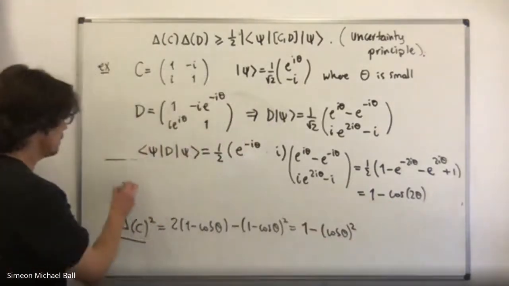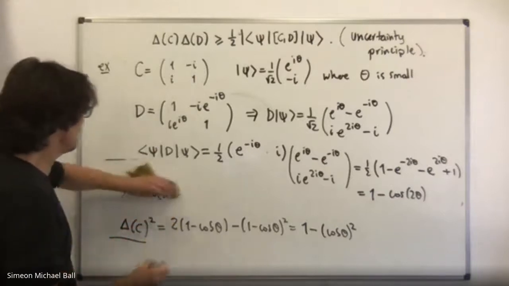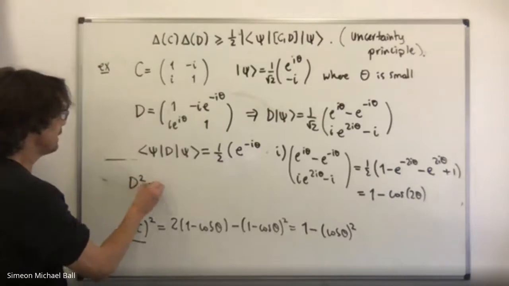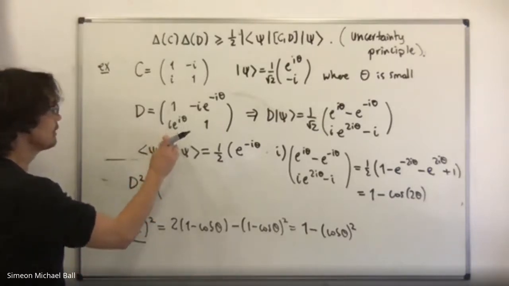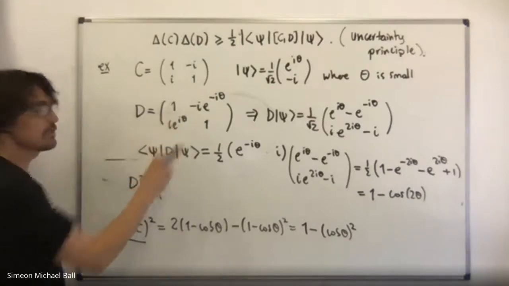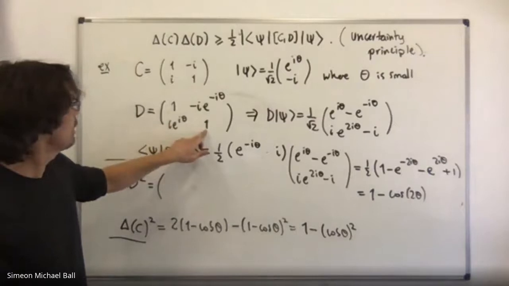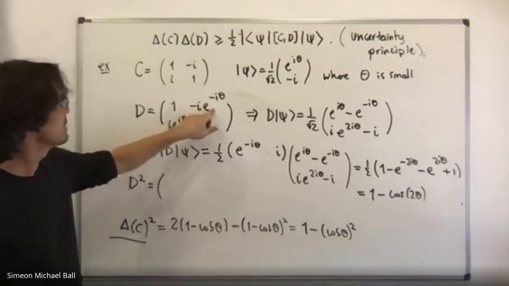But we have to check that D squared is also 2D, so let's first check that it's got 0 determinant. If you take 1, and this, you've got minus i minus i squared, and this times this is 1.